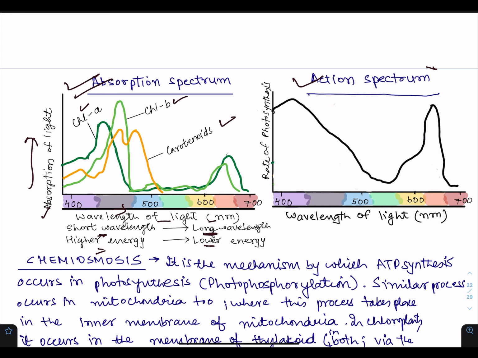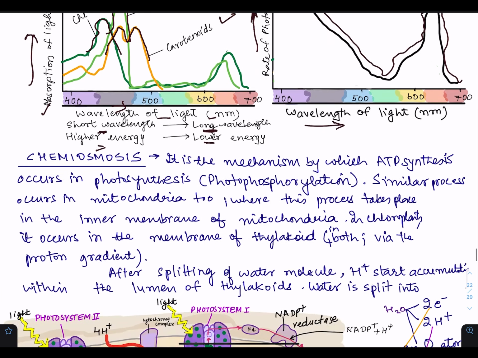This graph shows the absorption spectrum of chlorophyll A here, chlorophyll B here, and the carotenoids here. This graph shows the action spectrum. Here on the x-axis we have the wavelength of light in nanometers and the y-axis shows the rate of photosynthesis. The graph itself is self-explanatory, showing the rate of photosynthesis at different wavelengths of light.